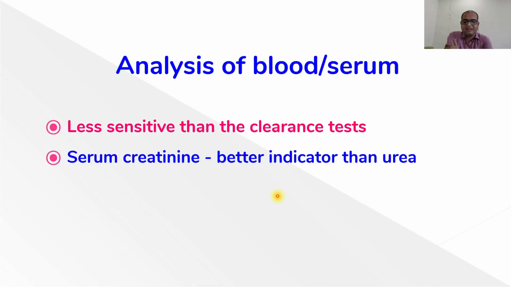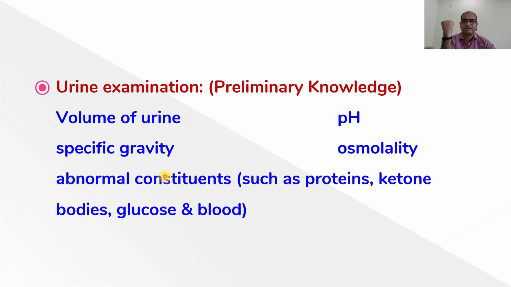So instead, we can directly take a blood sample from the patient and measure the various components. Here, creatinine is normally a better indicator compared to urea, but combined together, urea and creatinine can give us a very good idea about the condition of the patient, and beyond that, if there is a problem, we can go for the clearance tests.